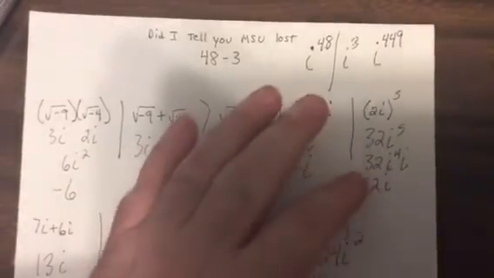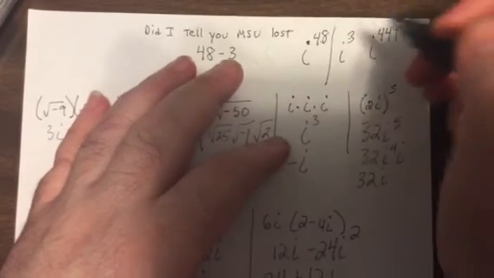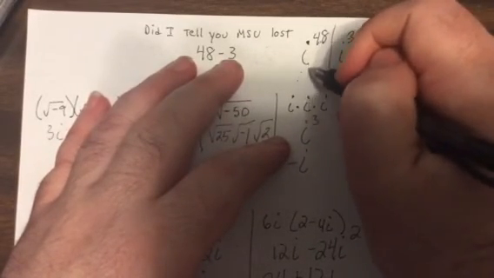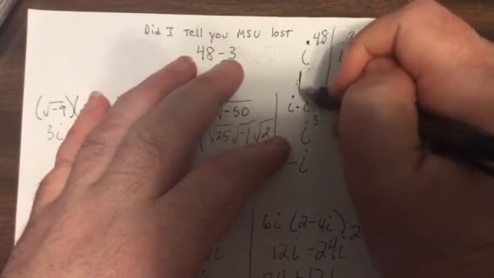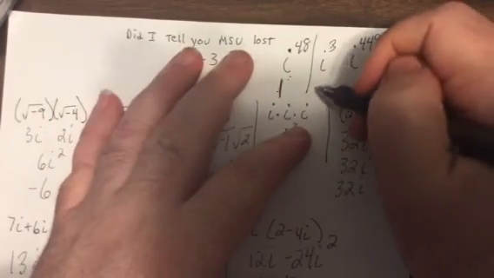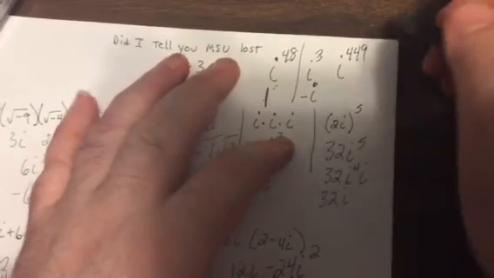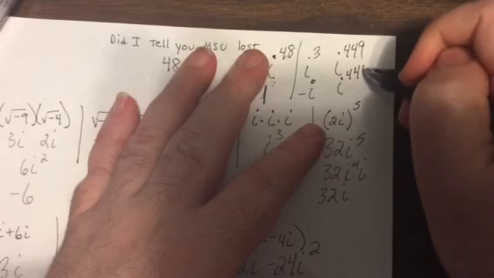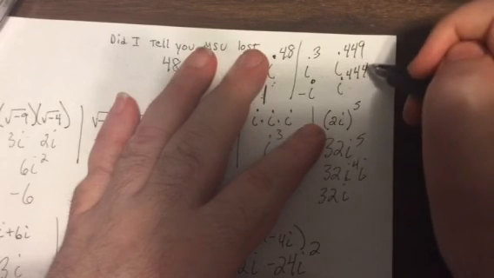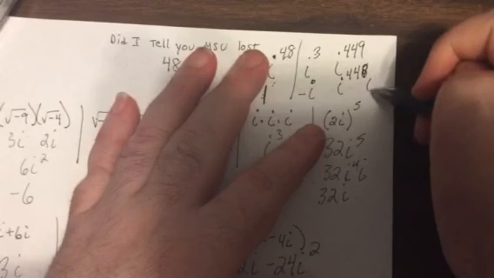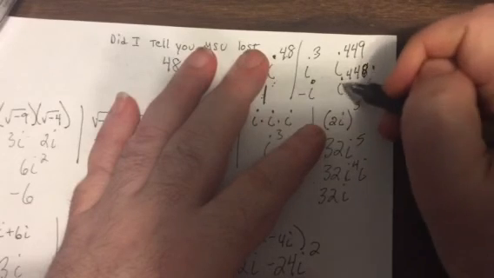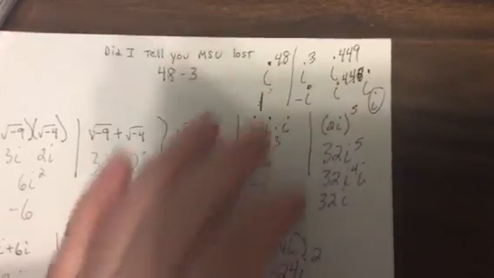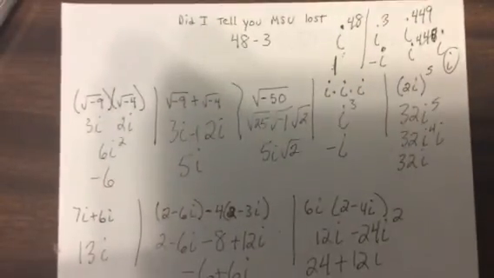This is divisible by 4, so this is the same as i to the 4th to the 12th. i to the 4th is 1, to the 12th is 1. i cubed, we already know, is negative i. i to the 449, we break up i to the 448 and i. So this is 1, so the answer is just 1i. So you should never have a power bigger than 1 on your i.